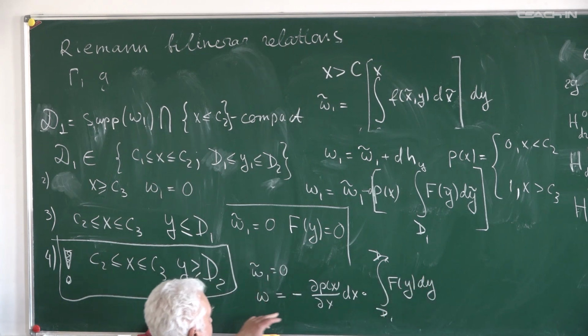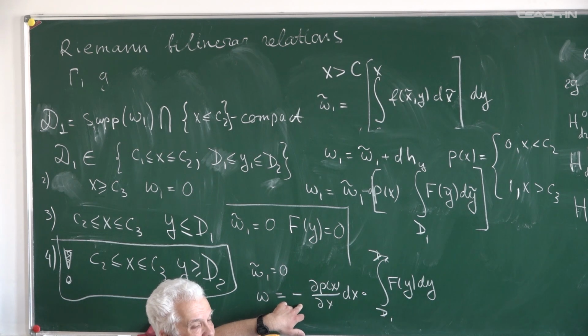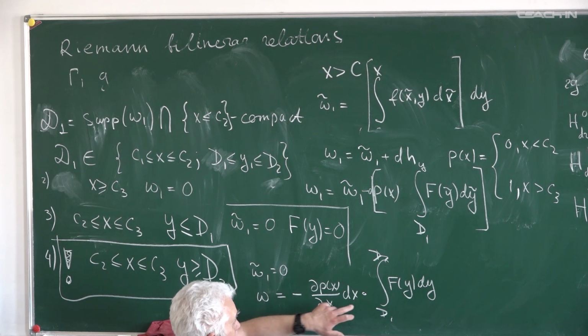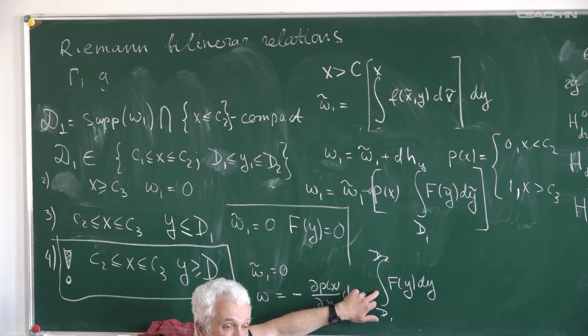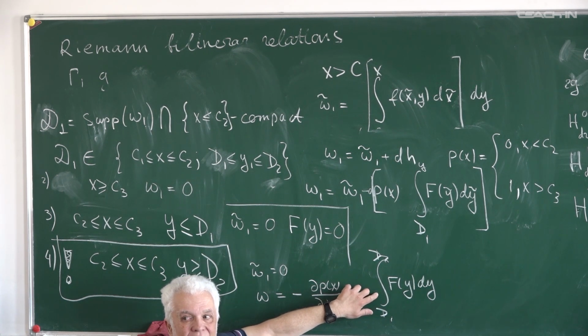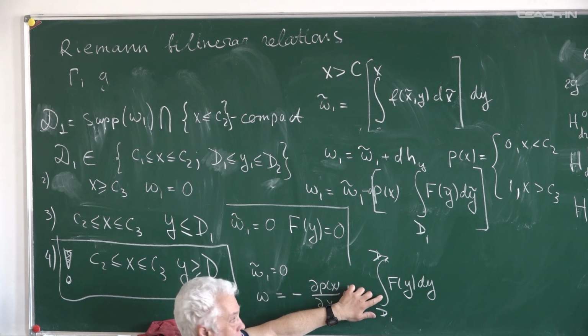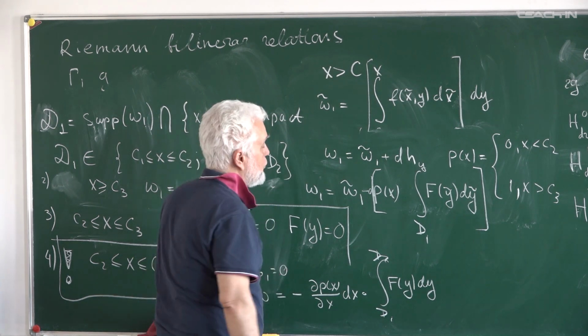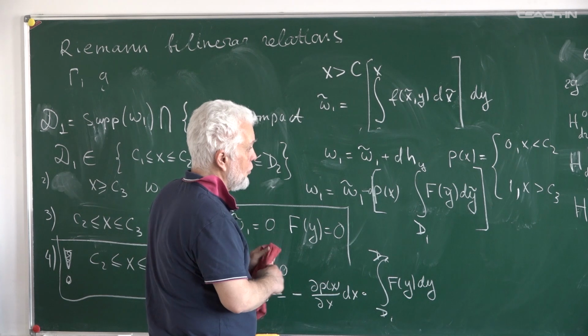We agree? You have this formula. Therefore, it equals 0 if and only if this is equal to 0. Okay? So is it clear? Therefore, for the form we constructed, what do we obtain?